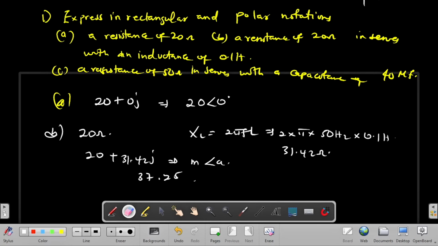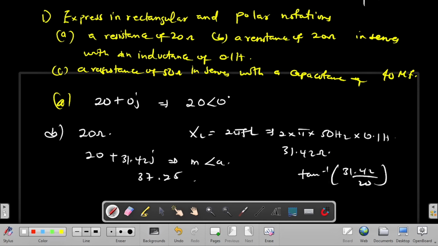Having written the magnitude, we need the angle. So for the angle, we are using tan, the same as in the complex notation. So tan inverse of 31.42 over 20. Remember, it's always the imaginary over the real part.